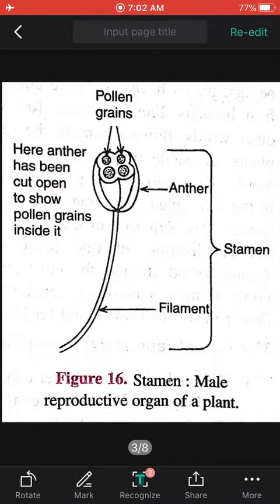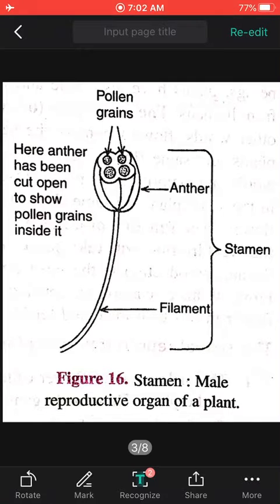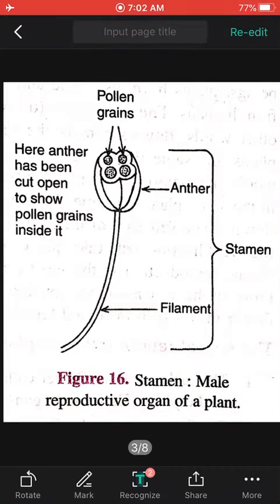Anther is a bilobed structure in which a lot of pollen grains are hanging. Once they mature, the anther bursts and the pollen grains reach the stigma of the carpel, where they can germinate. The filament is a stalk which attaches the anther to the flower. Together this is known as the stamen.